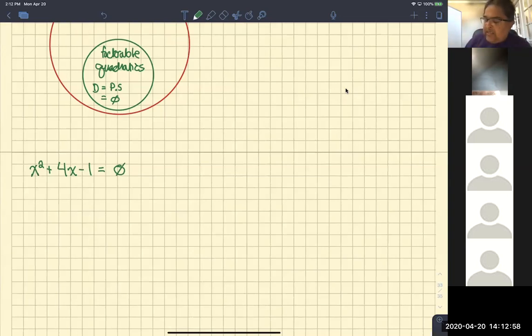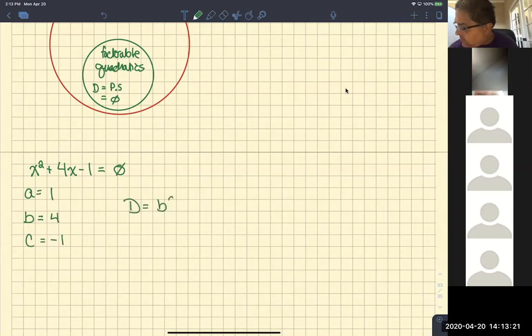So if you have an equation whose one side does not equal 0, you cannot calculate the discriminant until you do some algebra and make one side equal to 0. So first thing I like to do is identify my leading coefficient, my linear coefficient and my constant term. And then I calculate my discriminant. Just plug it in.